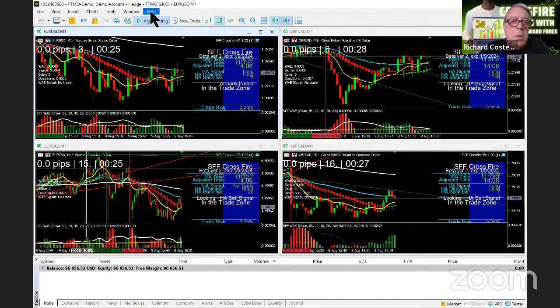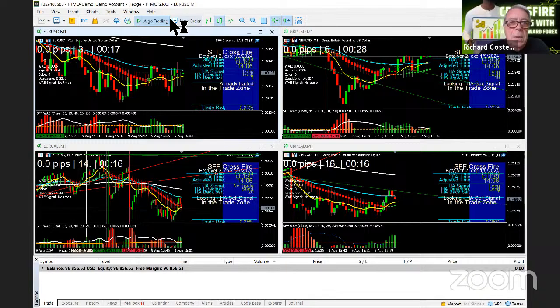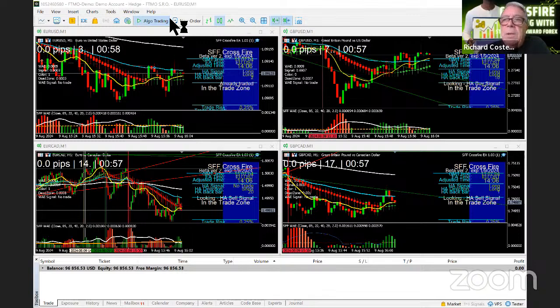What you need to do is go to help, and there's help topics. There you go. If you click on this, it'll take you to the next session. You've got a whole raft of instructions of how to use the MT5, because it is different to MT4 and it is different to TradingView that we used to use.